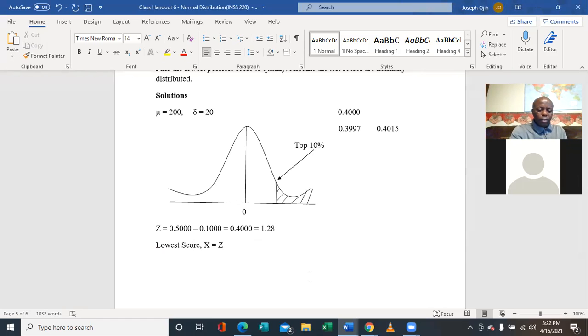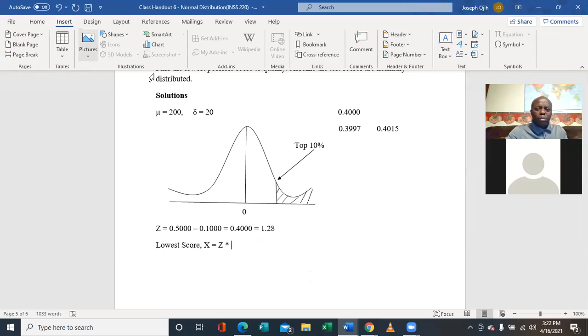Z times standard deviation plus the mean, which means our Z is 1.28 times the standard deviation of 20 plus the mean of 200.